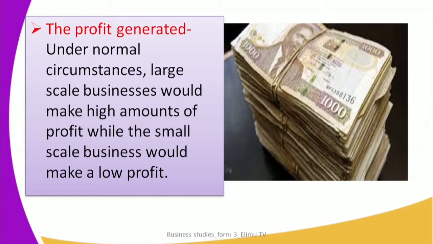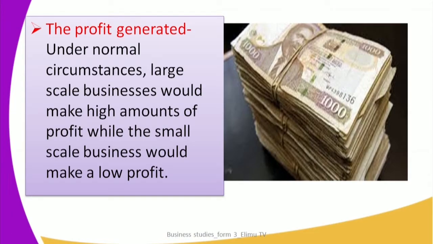And the other criteria that you can use to tell the size of a firm is the profit generated. Under normal circumstances, large firms usually generate more profit, or they make high amounts of profit, while the small scale businesses would make a low profit.